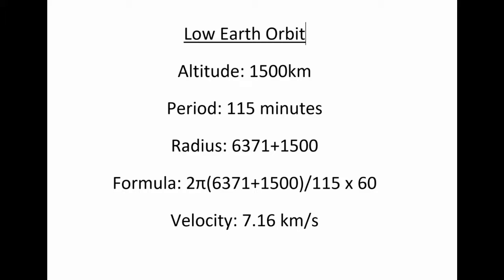We can also assume it has a period of about 115 minutes. Putting this into the formula gives us 2 times pi times (1,500 plus 6,371) all over 115 times 60. This gives an average velocity of about 7.16 kilometers per second.